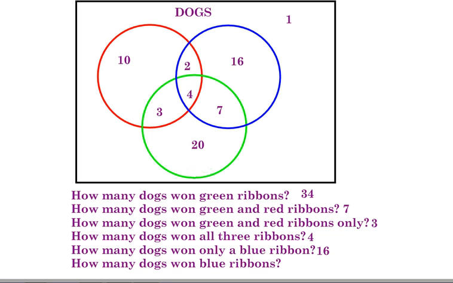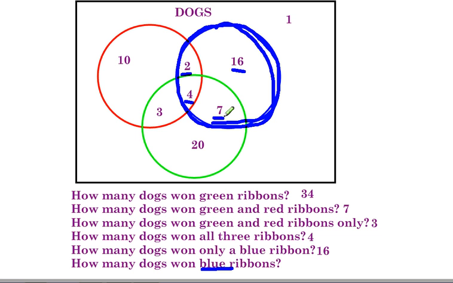And then our final question is, how many dogs won blue ribbons? This doesn't say only blue. It says how many won blue. So that is the blue circle. Anything inside the blue circle won a blue ribbon. So 16 here won a blue ribbon, 2 here, 4, and 7.